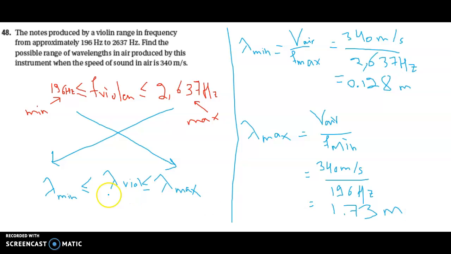So now we can write the range: lambda for the violin is greater or equal to lambda minimum, which is 0.128 meters, and less than or equal to 1.73 meters. That's it.